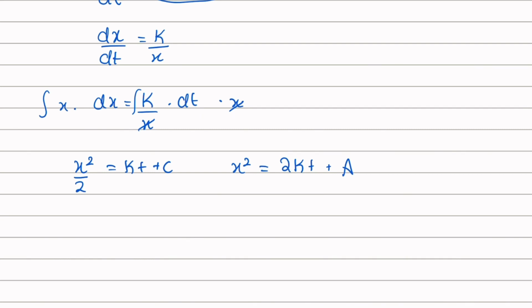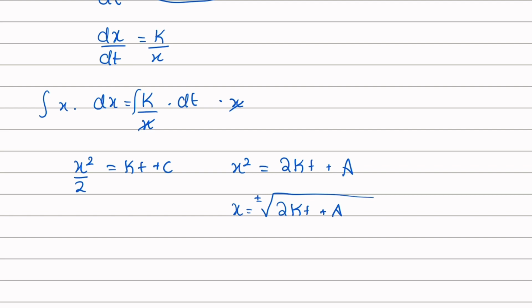Okay, you can keep it this way if you just want the relation, but if you want x in terms of t, you can take the square root and put a positive or negative. x equals the square root of 2kt plus a. So this is the relationship, or let's say x in terms of t.